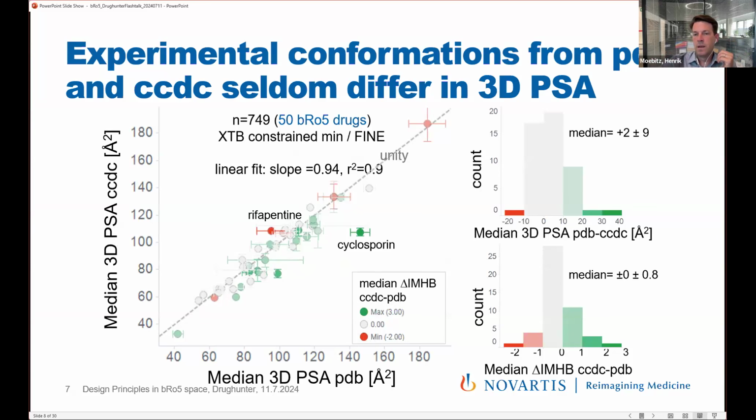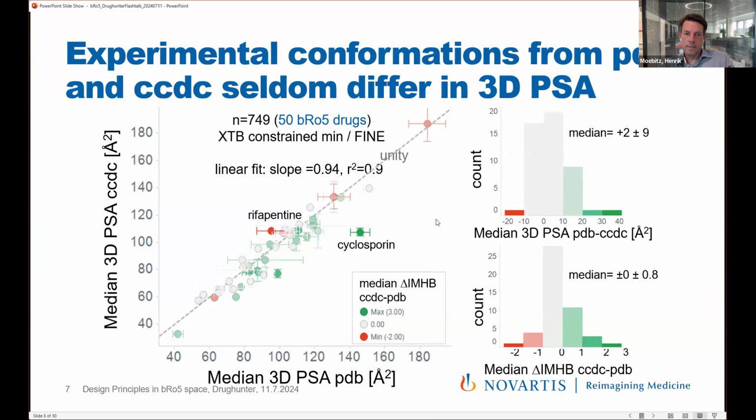And again, the few exceptions that have high differences on the top right graph only have something like 10 square angstrom per intramolecular hydrogen bond. In fact, here you could say that cyclosporine is the exception, which has been generalized to the rule of chameleonicity, but the entirety of the data set does not possess appreciable chameleonicity.